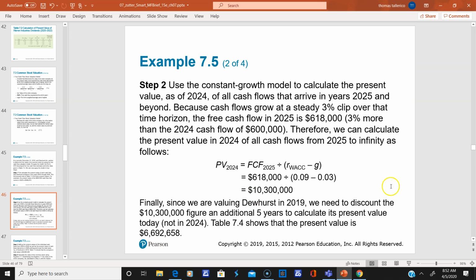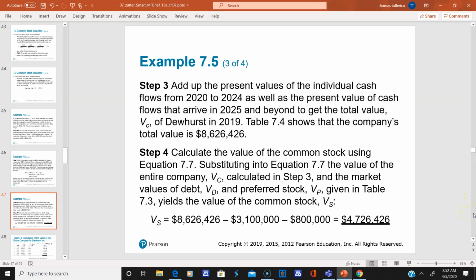So again, this is a good example of using the free cash flow model. Now we add up the present values of the individual flows from 2020 to 2024, as well as the present value of the flows that arrive in 2025, to get the total value in 2019. So we get the total value.